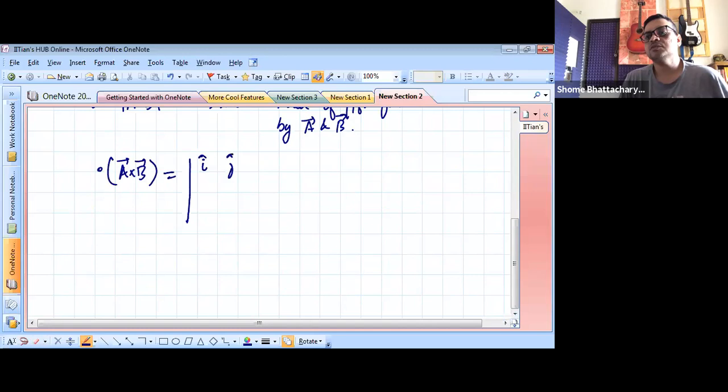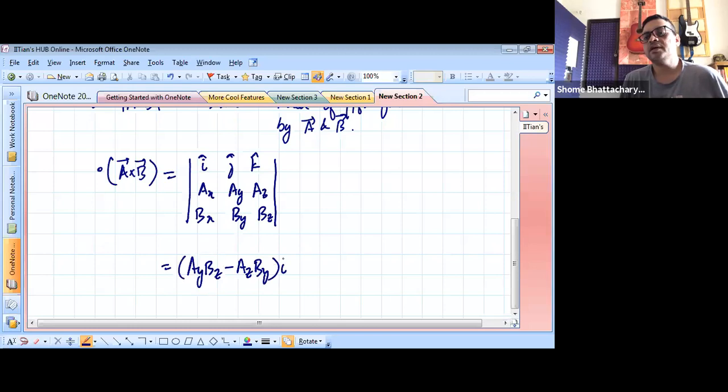The first row becomes i j k, the second row becomes the components of A, and the third row the components of B. This further reduces to the formula AY BZ minus AZ BY into i cap plus AZ BX minus AX BZ j cap.